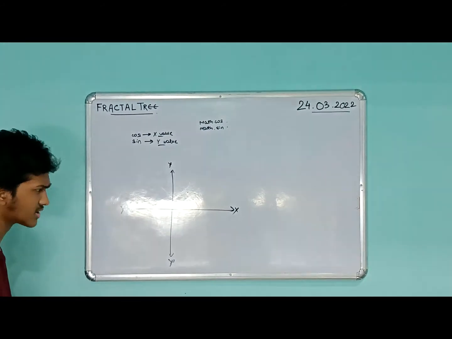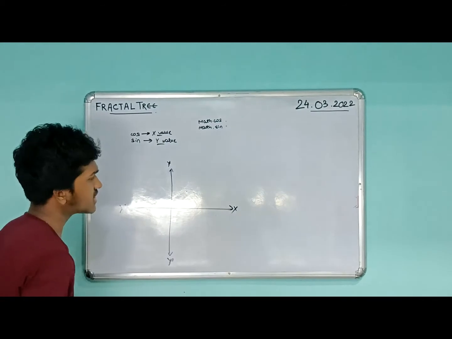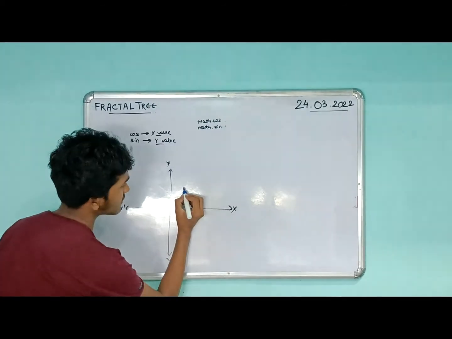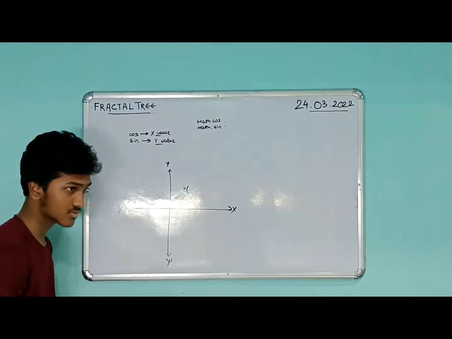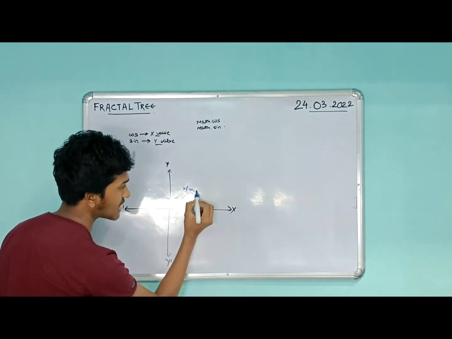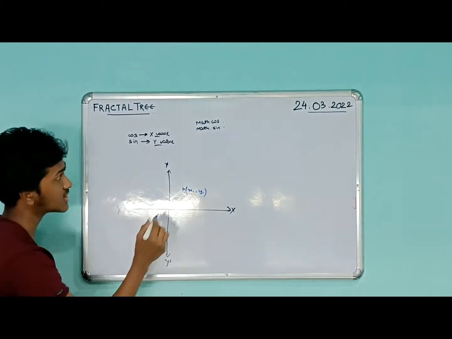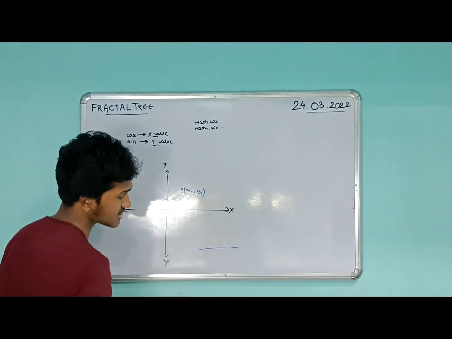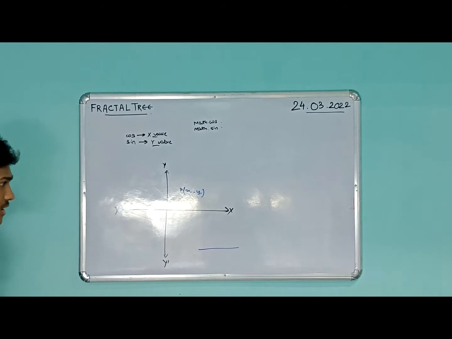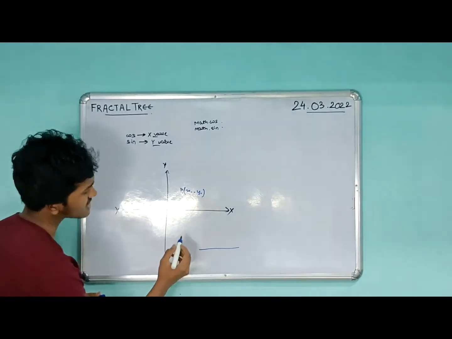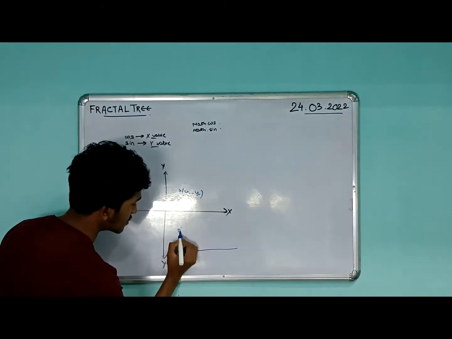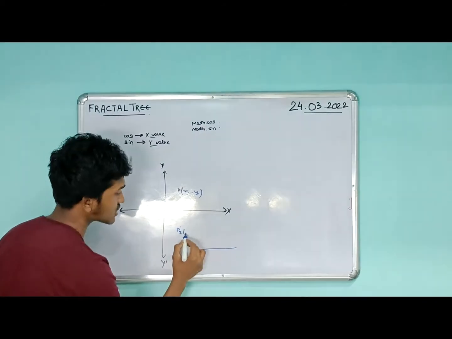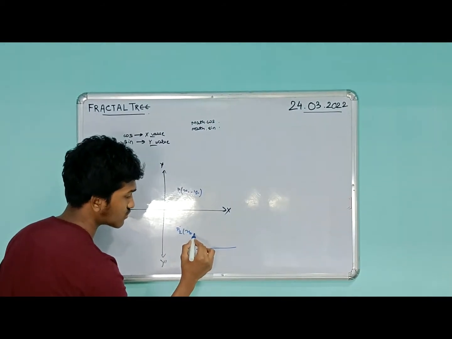I hope that point is visible. Now this point P will have coordinates, or what we call x1 and y1 values. Now these x1 and y1 values will be given at the start of the recursive function. And now let's say I have another point P2. It will also have x2 and y2 values.